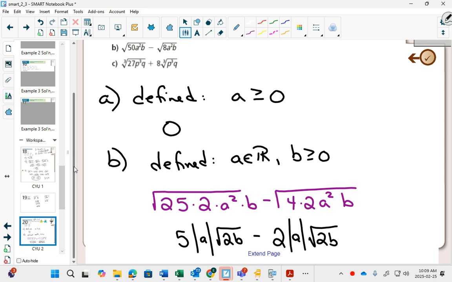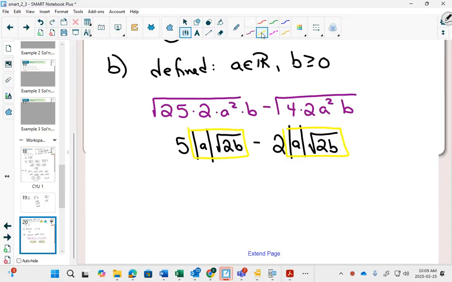Do you see that these are like terms? We have 5 of these things minus 2 of those things, and in the yellow boxes is the same, exactly. So they're like terms. If they're like terms, 5 of something minus 2 of something will leave me with 3 of that something.